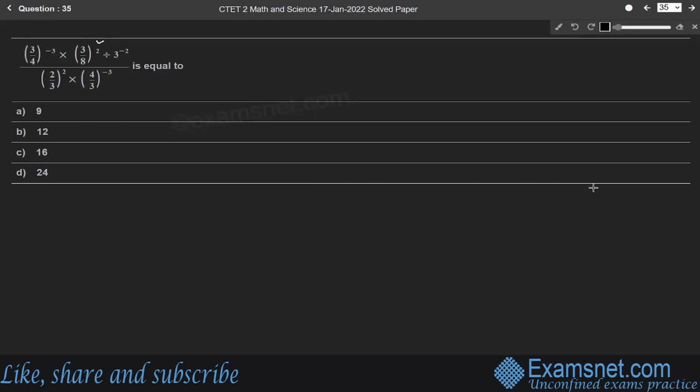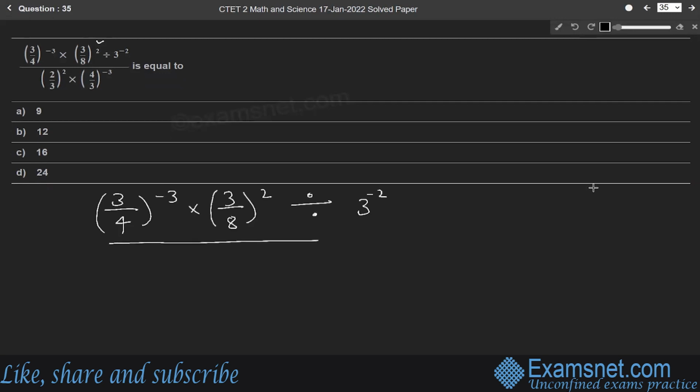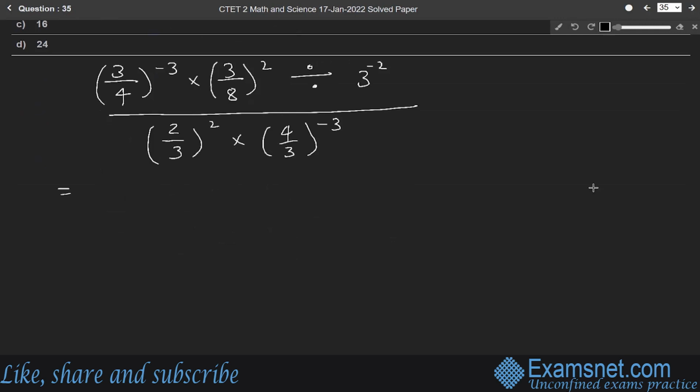Therefore, the given expression is (3/4)^(-3) × (3/8)^2 ÷ (3^(-2)) whole, divided by (2/3)^2 × (4/3)^(-3). So (3/4)^(-3) can be written as (4/3)^(+3).